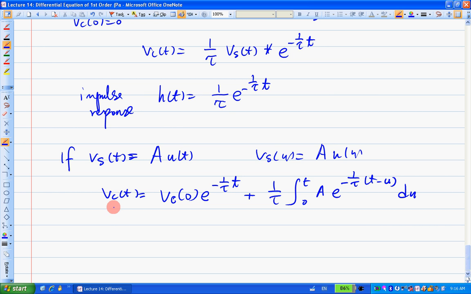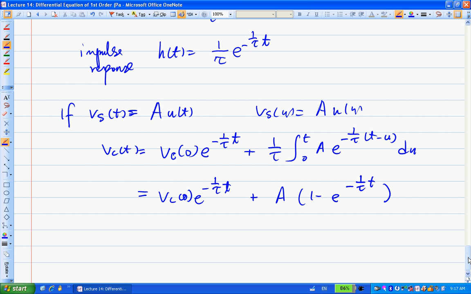So that's going to be the solution when the input is a unit step function, which is what we call the unit step response. And this is integrable. This is just the exponential function. Remember, tau is a constant. Tau is RC, so you can integrate this one for sure. The result of the integral is VC naught e to the power negative t over tau plus A(1 minus this).